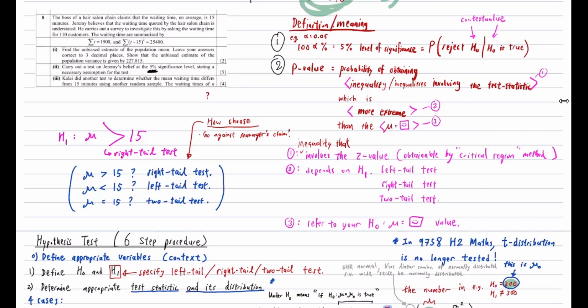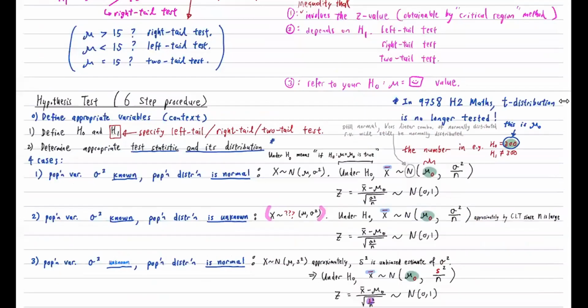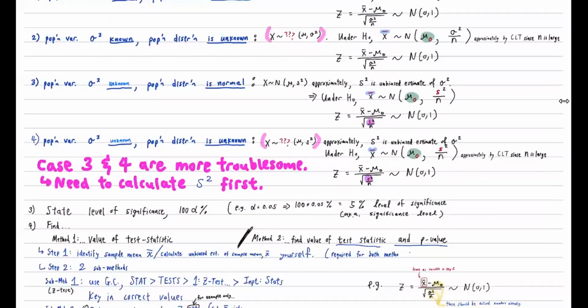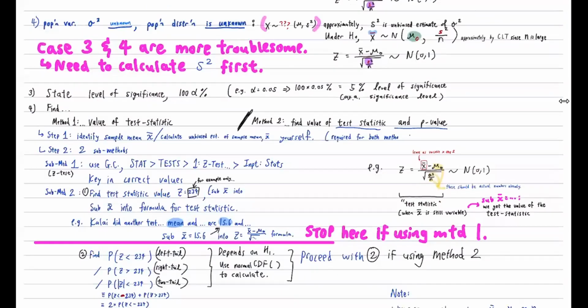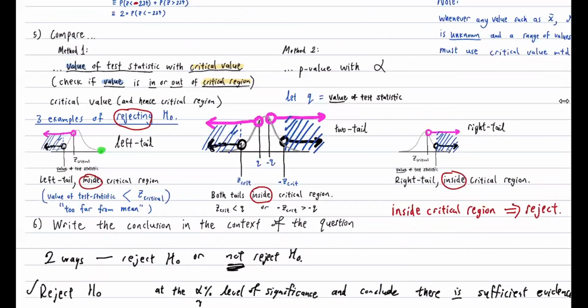Inside the critical region. To help you visualize this, here you have the bell curve. Let's just look at a right tail test, for example; the rest are similar. Say you have a critical value of positive 1.96, and the area to the right is your alpha.